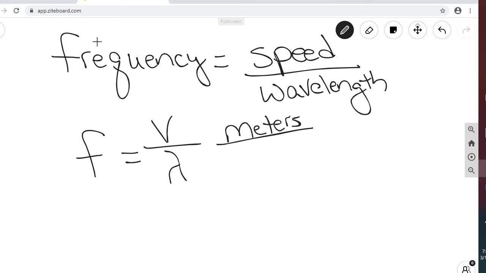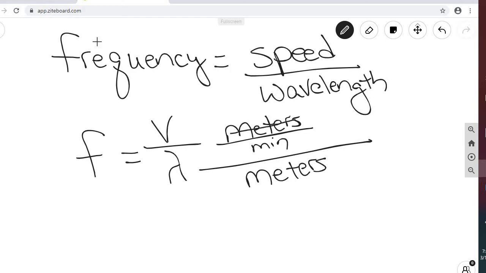Speed is measured in meters per second, not per minute.